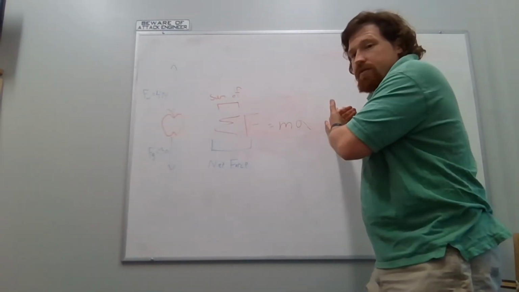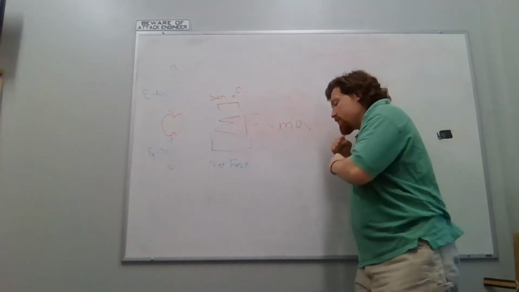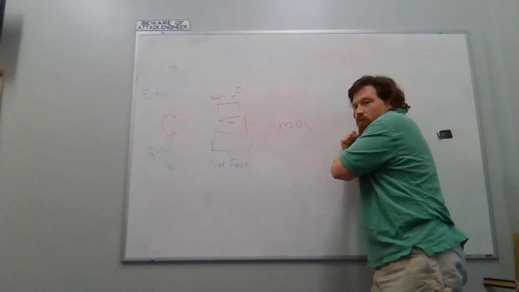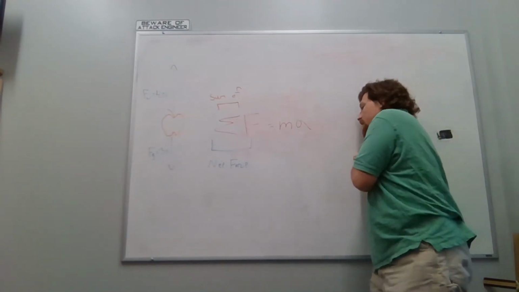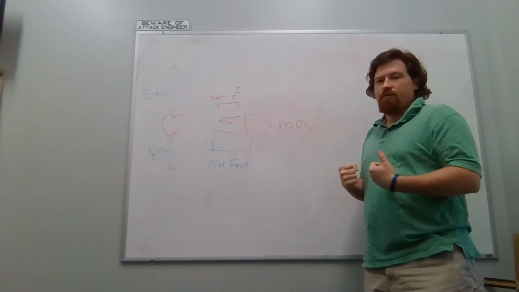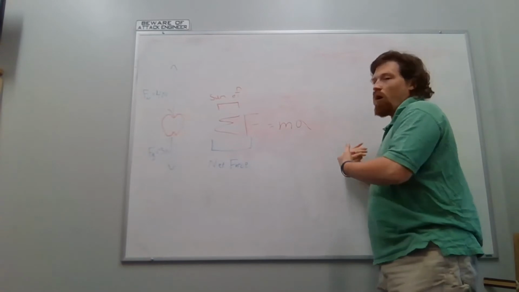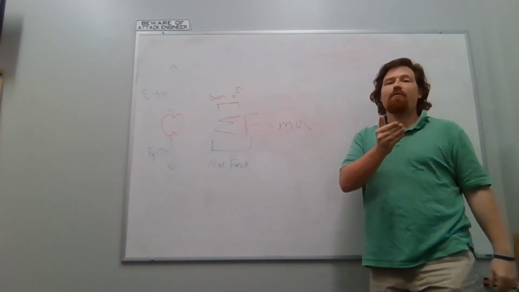When I do this, I'm exerting a force on the board. My body is pushing into the board when I lean against it. So the action force is I am pushing into the wall. The reaction force is that the wall is going to push back on me. The wall is going to push back out on me.